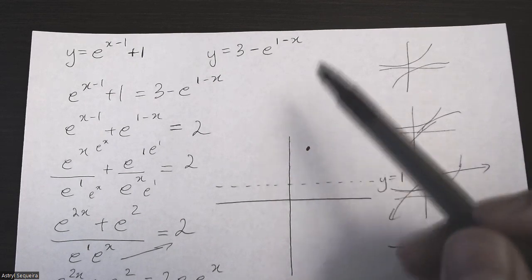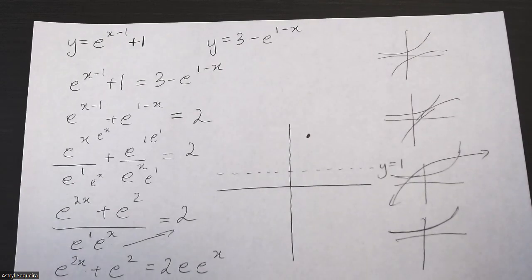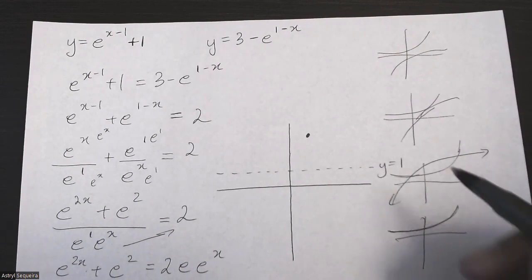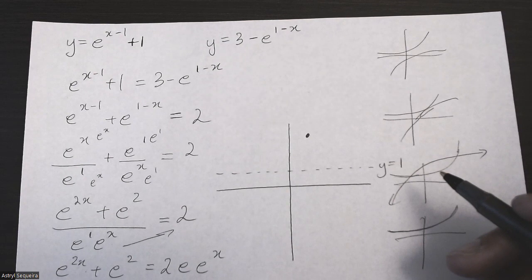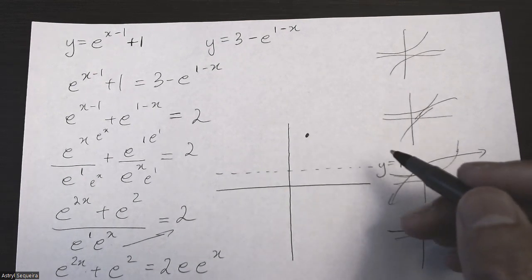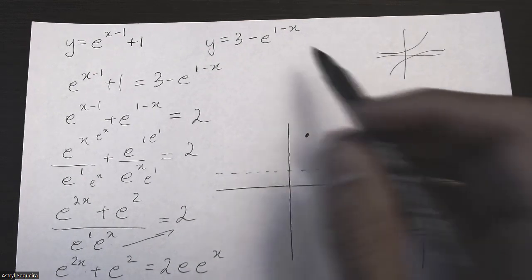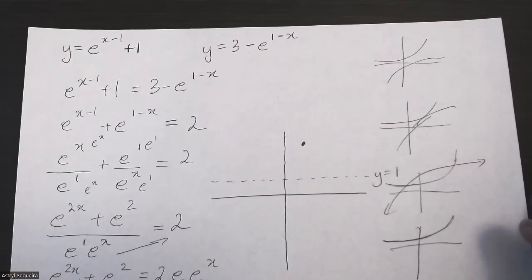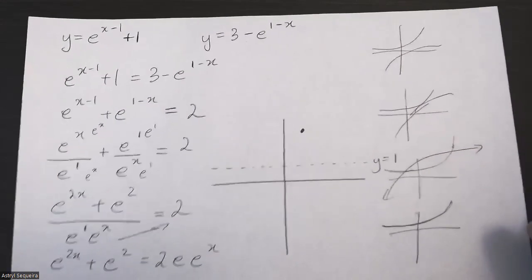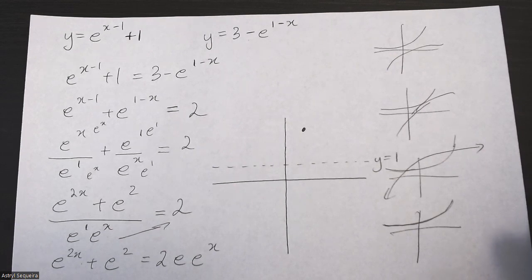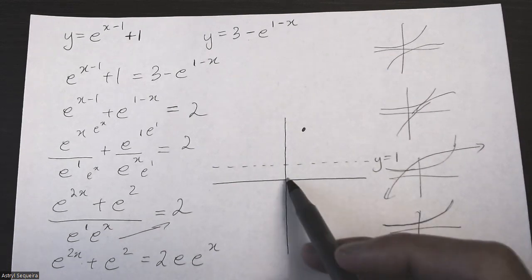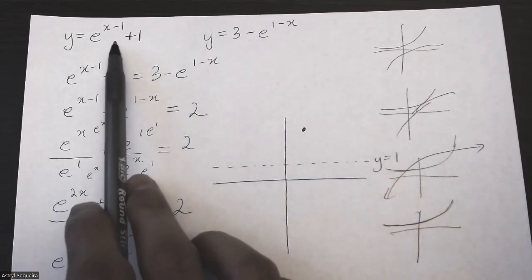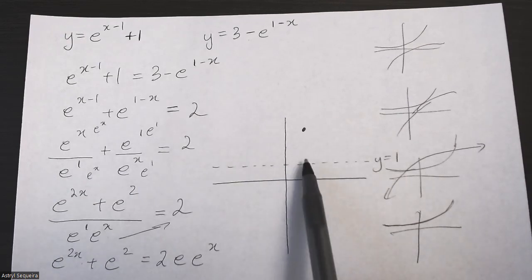And for this function over here, I have to rearrange this equation in order to sketch it out. Oh, also 1, 0 moves 1 to the right and 1 up.